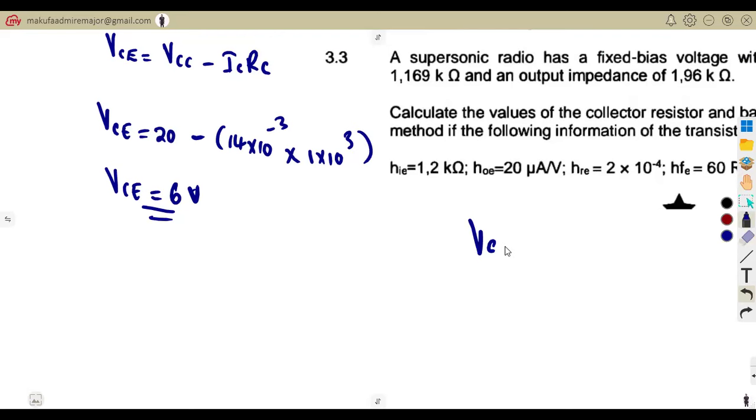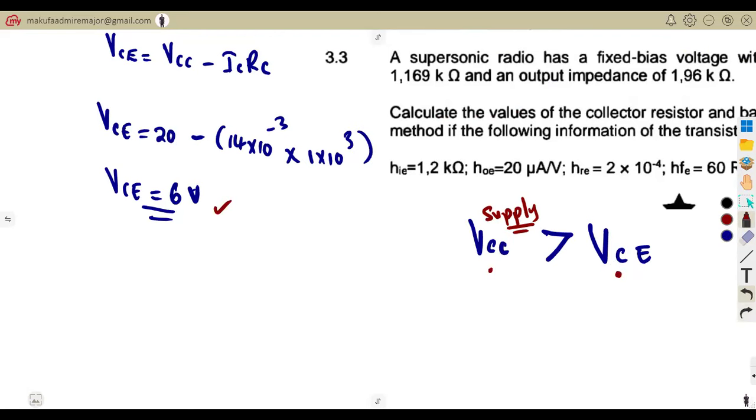But VCC, because it is our supply, is supposed to be bigger than VCE. We cannot have the supply less than the voltage it is distributing inside there. So in actual sense, VCE is less than VCC, and VCC is greater than that one.